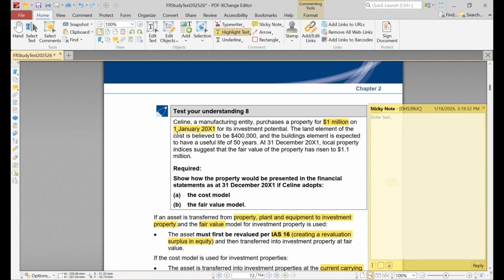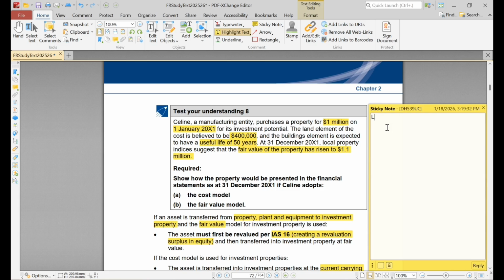The land element of the cost is believed to be 400,000 and the building element is expected to have a useful life of 50 years. At 31st December 20x1, local property indices suggest that the fair value of the property has risen to 1.1 million. Show how the property would be presented in the financial statements as of 31st December 20x1 if Celine adopts cost model, fair value model. Now, the cost of the property is 1 million.